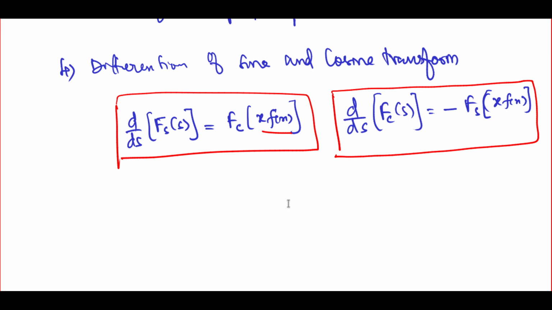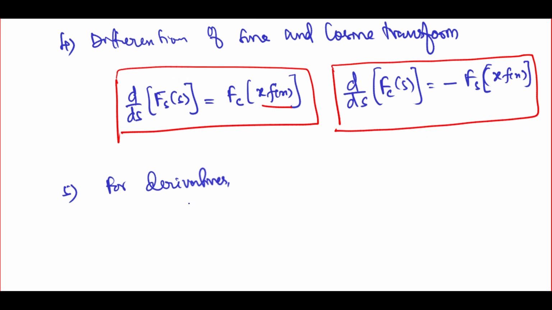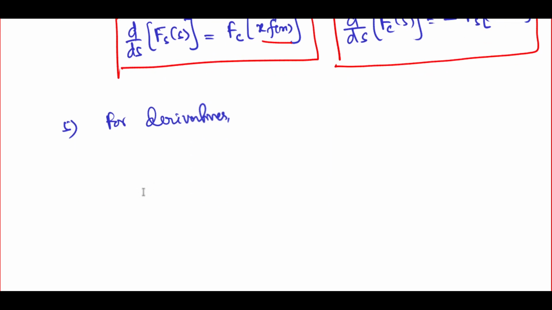The fifth property is: what about Fourier cosine and sine transform of derivatives? Let me write simply for derivatives.